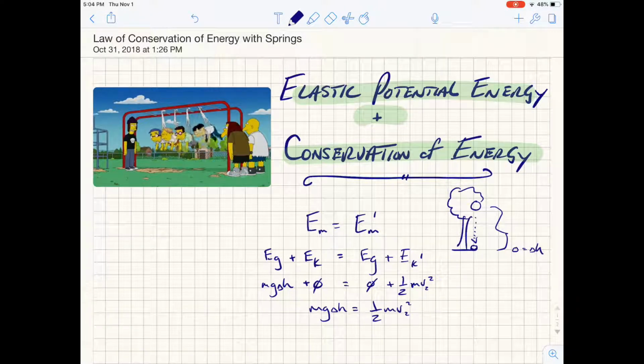So we can take a look at this example of a classic Simpsons bullying situation, where we have a transfer of energy from gravitational potential into kinetic. As one of the boys has an increase in delta Eg, he falls down, exchanging that delta Eg for kinetic energy.